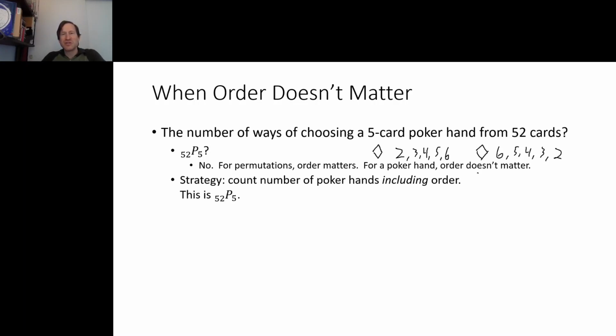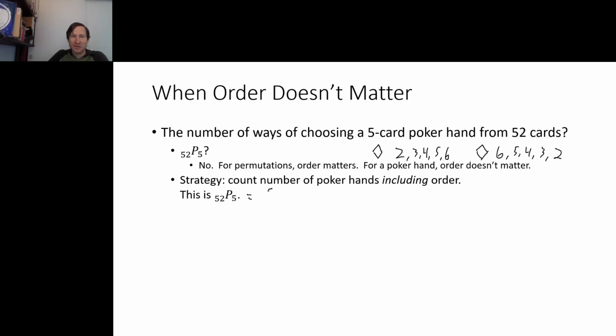So what should we do to count the number of poker hands where order doesn't matter? Well, one way to approach it is first count up the number of ways of getting a 5-card poker hand out of 52 cards, including the order, and that would be 52 permute 5. So that we already have a formula for.